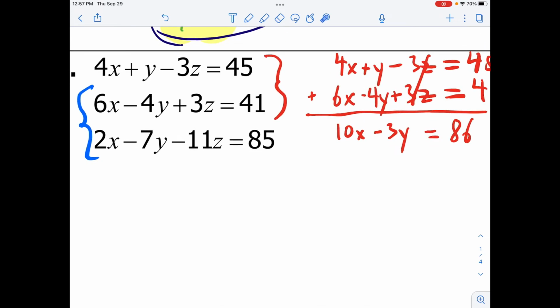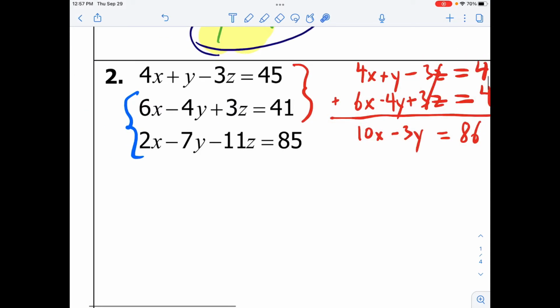I don't want to do fractions, so what I'm going to do is I'm going to multiply this 3 by 11 to give me positive 33. I'm going to multiply this -11 by 3 to give me -33z, and then adding positive 33 and -33 together will cancel these out.